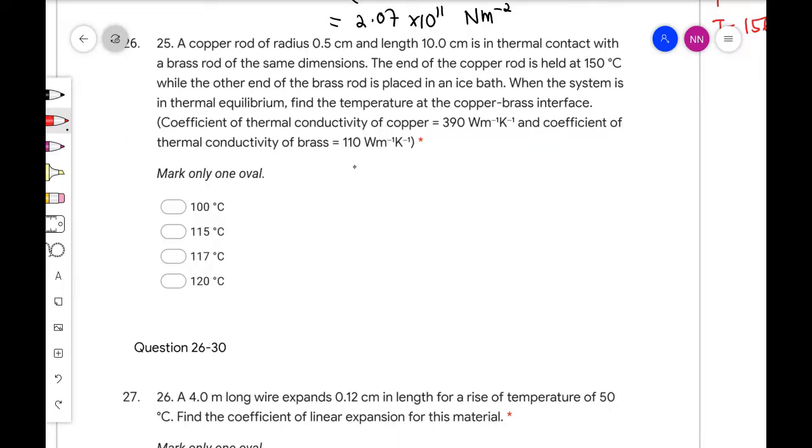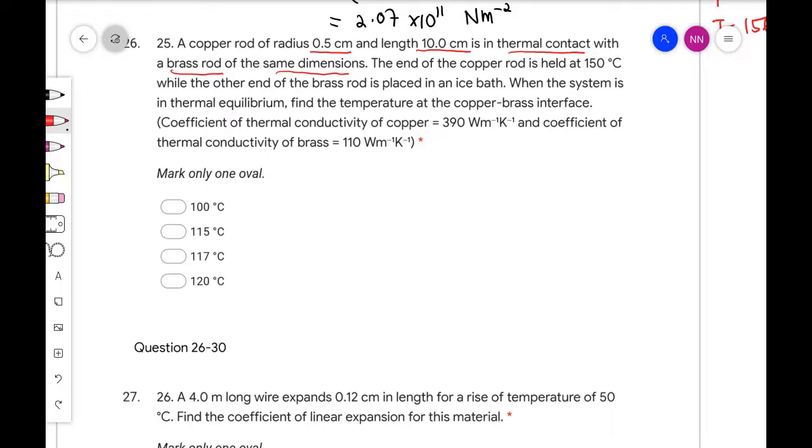A copper rod of radius 0.5 cm and length 10 cm is in thermal contact with a brass rod of the same dimension. That means the brass rod has the same radius as the copper and the same length as the copper.